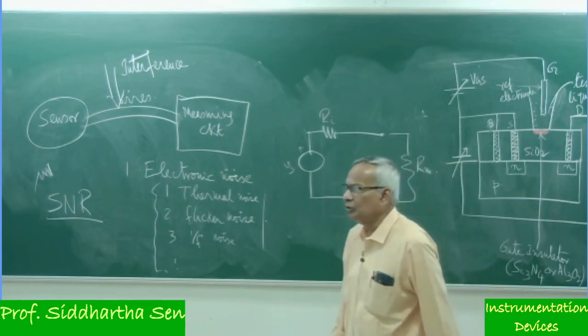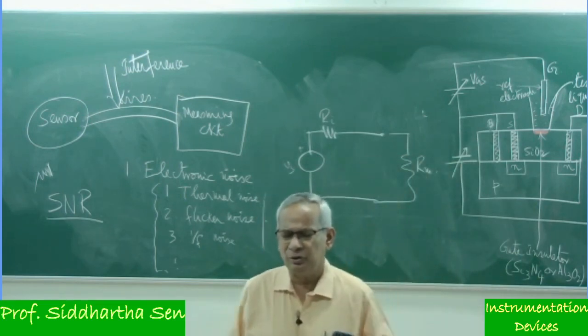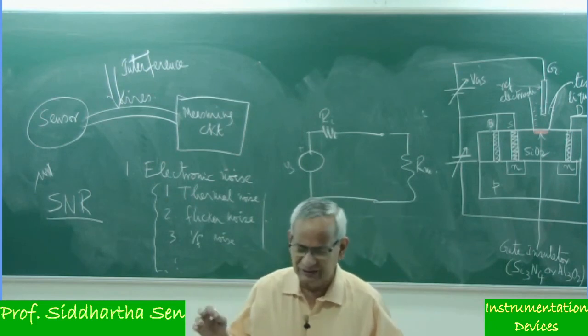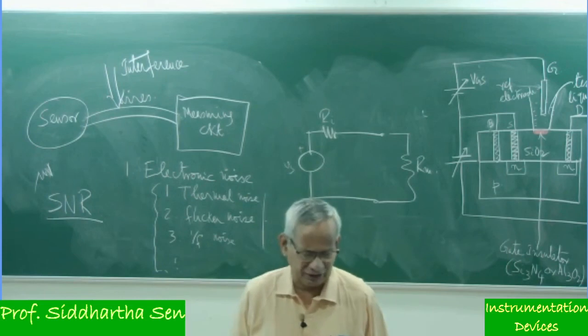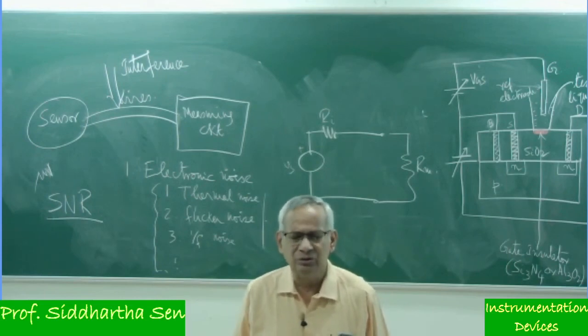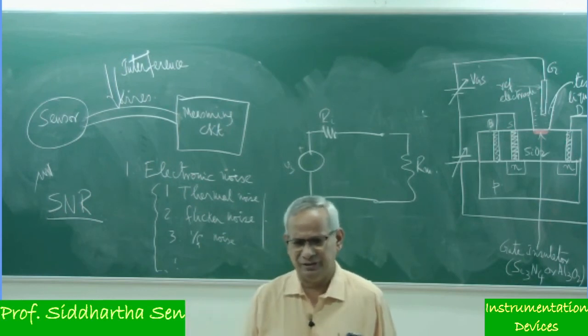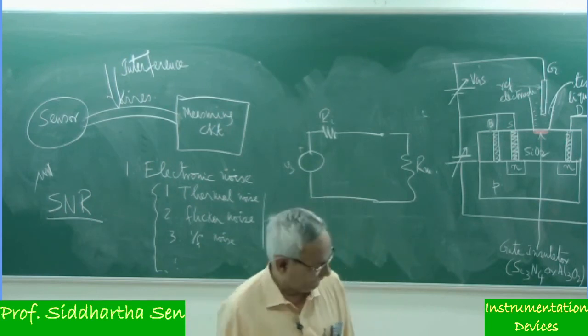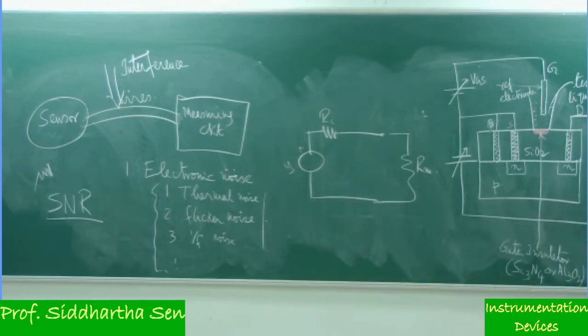So we must look into the proper choice of the sensor and the compatibility of the sensor and the measuring circuit, and also look into noise analysis and interference. I will take a break after that, and then we'll discuss noise and interference.